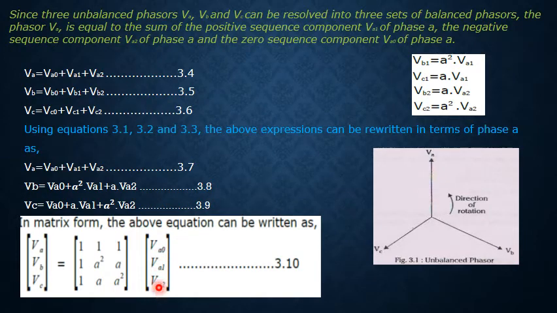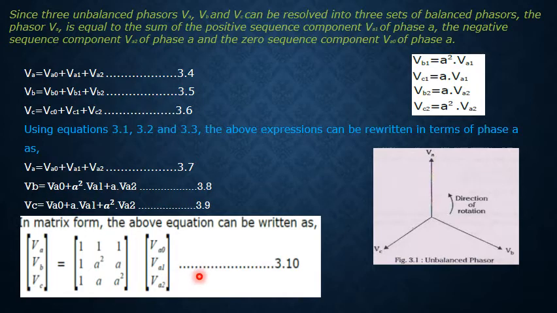So if you do the cross multiplication, we are going to retain the original form of the equation, that is 1 into VA0 plus 1 into VA1 plus 1 into VA2. Then the second equation was what? 1 into VA0, plus a square into VA1, plus a into VA2.